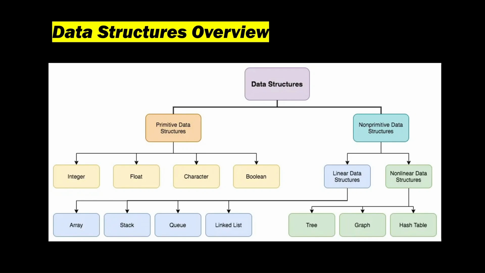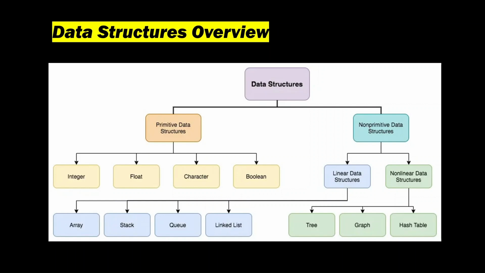Now we will see an overview of different data structures. First, we have two main types, primitive and non-primitive data structures. Non-primitive data structures are also known as abstract data structures. Under the primitive data structures, we have integer, float, character, Boolean data types.